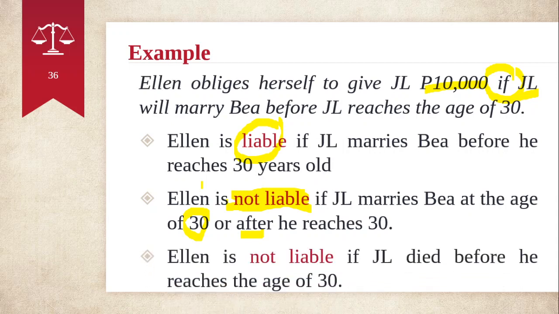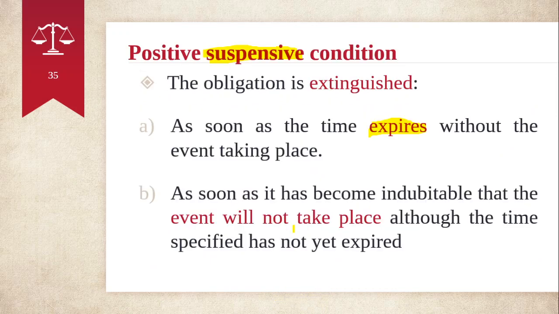Or, Ellen is not liable if JL died, even if wala pa siyang naabot na 30. Hindi na paabutin ng 30, patay na nga siya. That means, hindi na pwedeng mangyari pa ang condition. So, balikan natin. As soon as the time expires, okay? Pag umabot na siya ng 30, and the event, wala nang nangyari, then wala ka nang obligation.